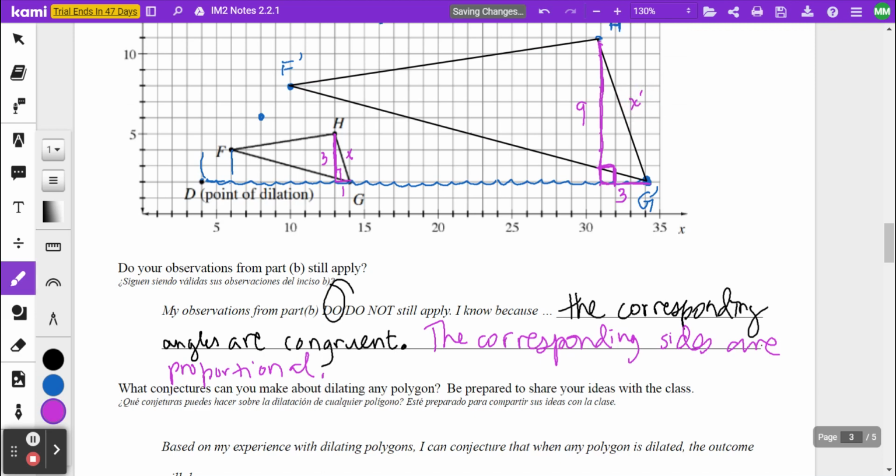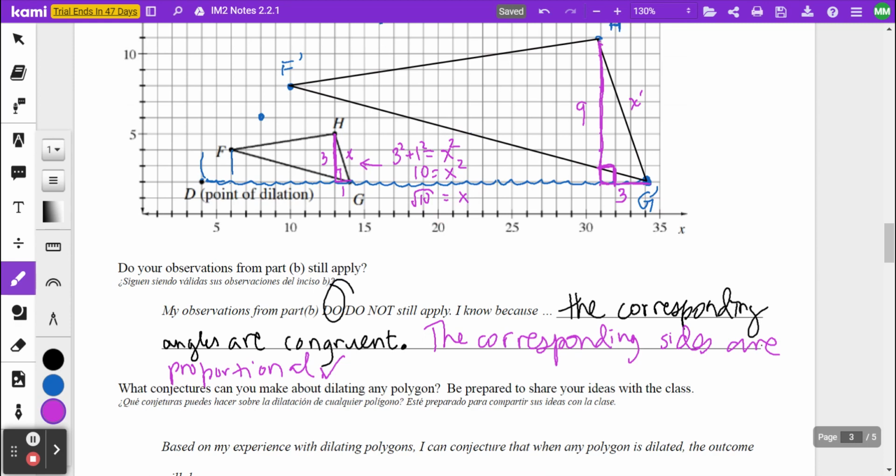Now I notice that from the little triangle to the big triangle, I'm multiplying the side lengths by 3. If that carries for x, then I'm going to say that the corresponding sides are proportional is satisfied. Okay, so to solve for x in this triangle, I have 3 squared plus 1 squared is x squared. That's 10 equals x squared. That's the square root of 10 equals x. So somehow this should turn out to be 3 times the square root of 10. We'll see.